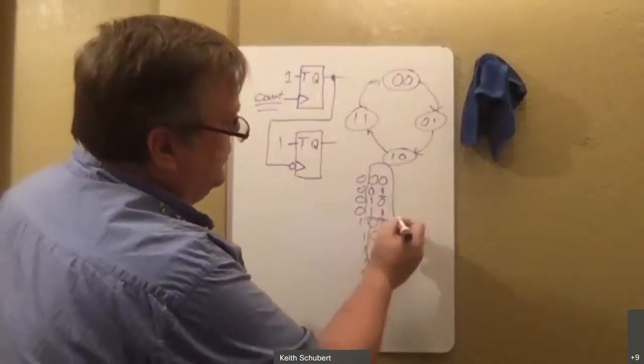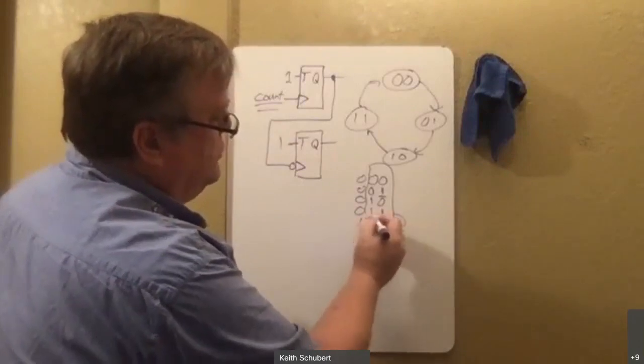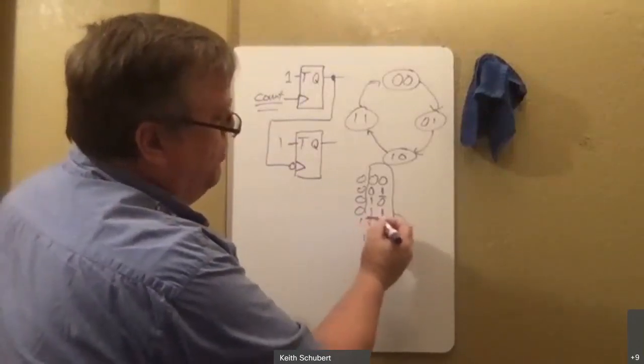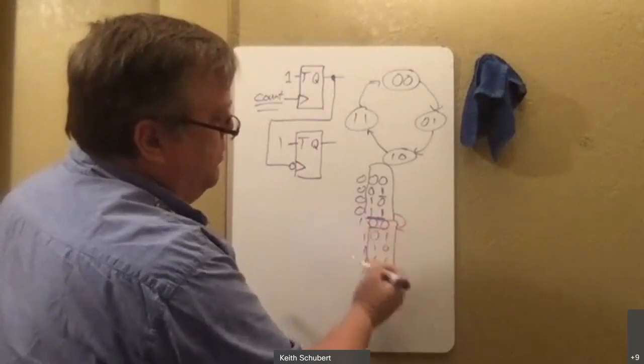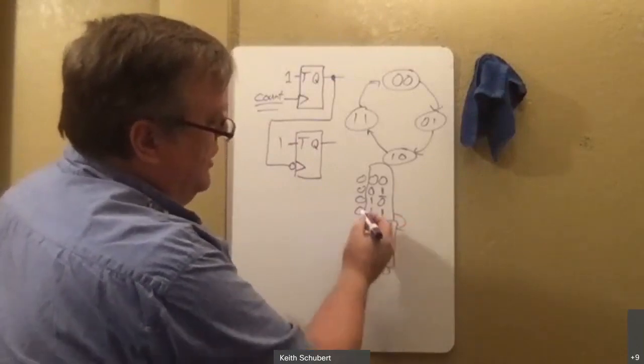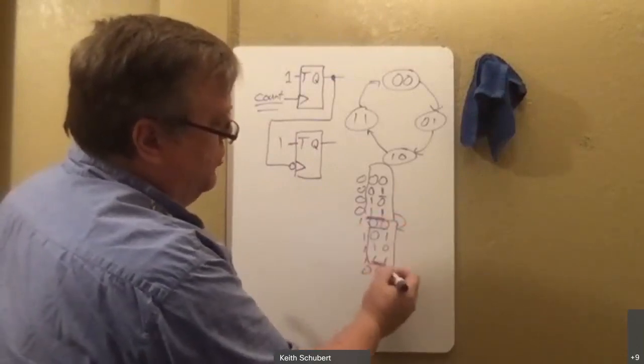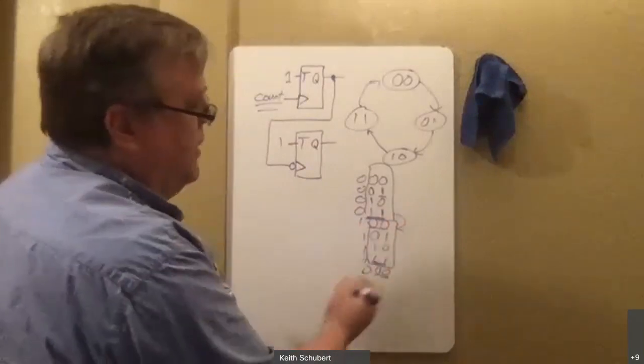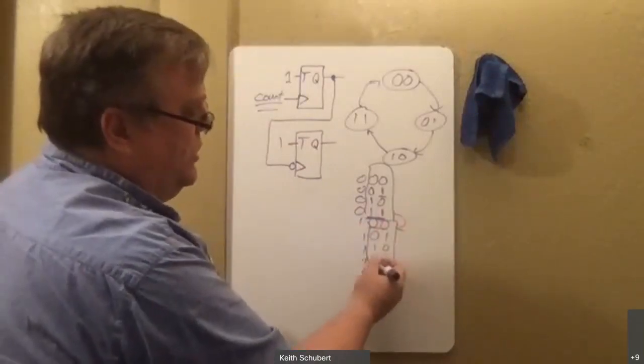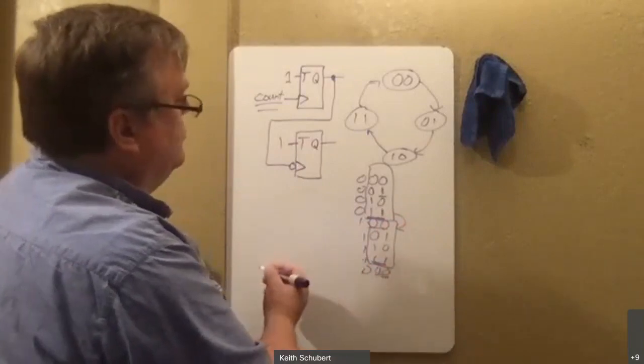We'll notice the transitions happen between these units. So when this goes from both ones to both zeros, it turns on, or both ones to both zeros, it turns off. So it toggles every time we see 1, 1 going to 0, 0.